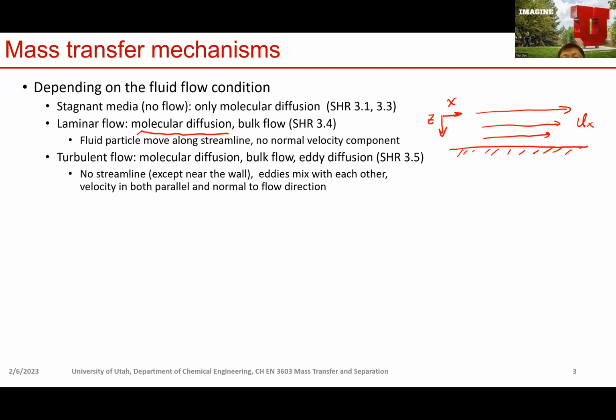And if you have a turbulent flow, then you will have eddies doing this motion. These eddies may move together with the fluid in the x direction again, so you will have bulk flow in the x direction. And in the z direction, again, if you have a concentration gradient, you will have molecular diffusion, right?